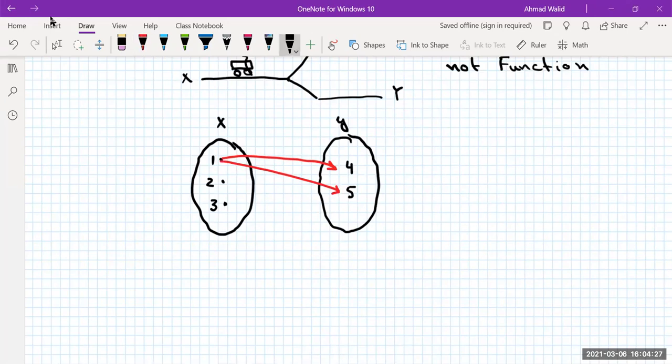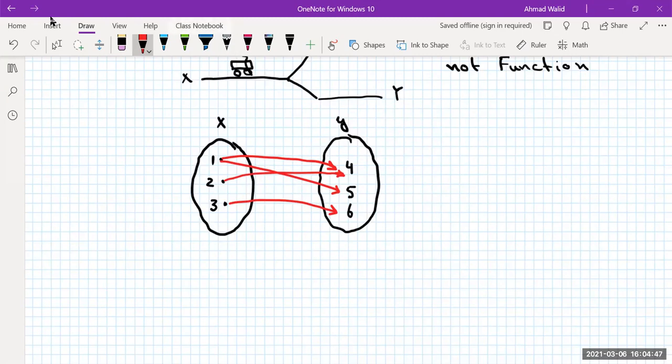Correct? Let's put one more number, 6. 2 goes to 4, and 3 goes to 6. Such a relation, you cannot call it a function.